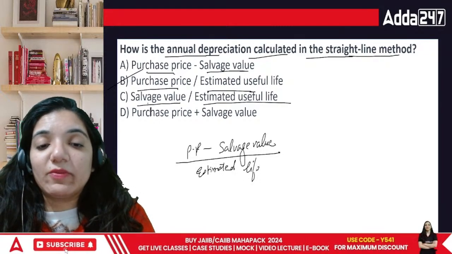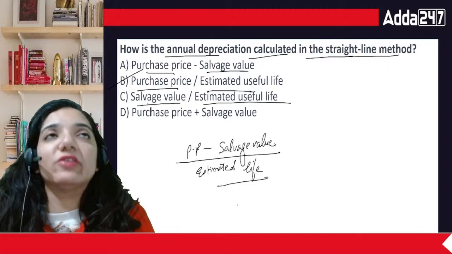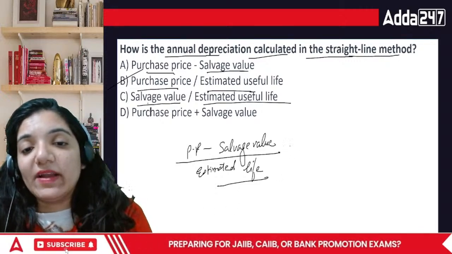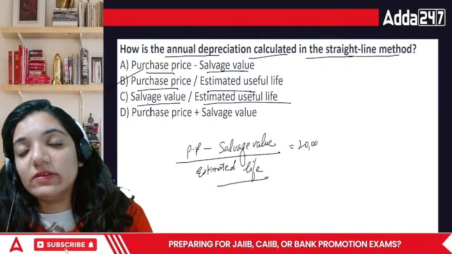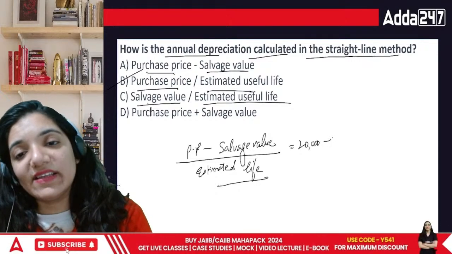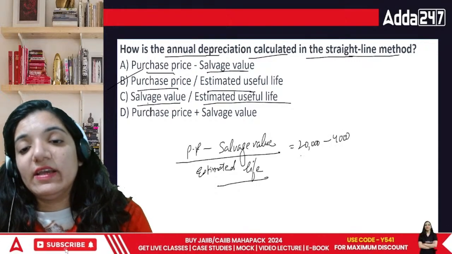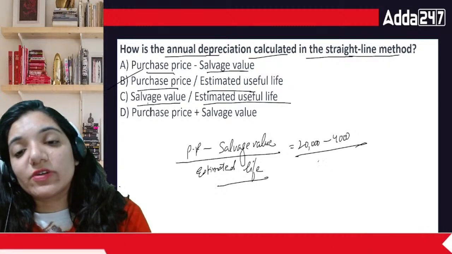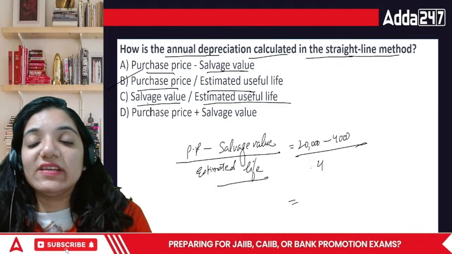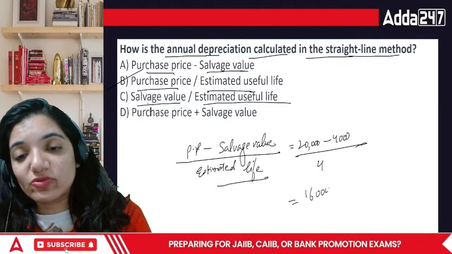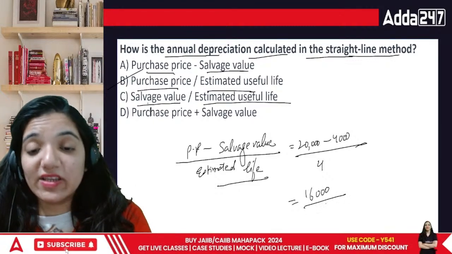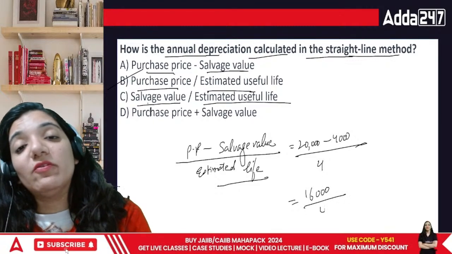For example, everyone, I bought a machinery worth rupees 20,000. By the end of the fourth year, I can sell it for 4,000. And its life is for a total of 4 years. So in this case, 16,000 is the total amount that you will recover from the machinery over the period of 4 years.